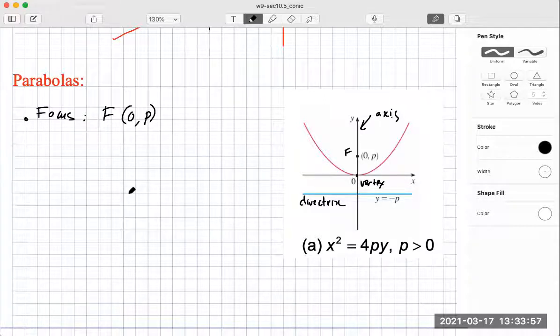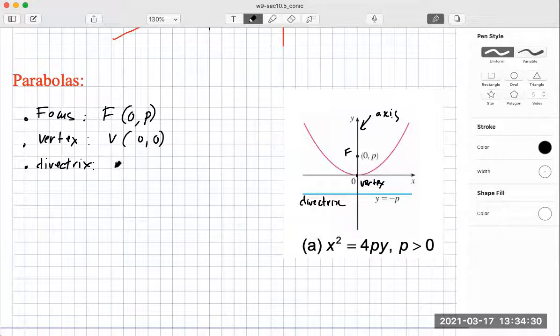So what else? The vertex of this, right? Let us call it V. It would be right here at (0, 0). Okay. And what else? The directrix. It is this blue line here, and the equation of this will be?